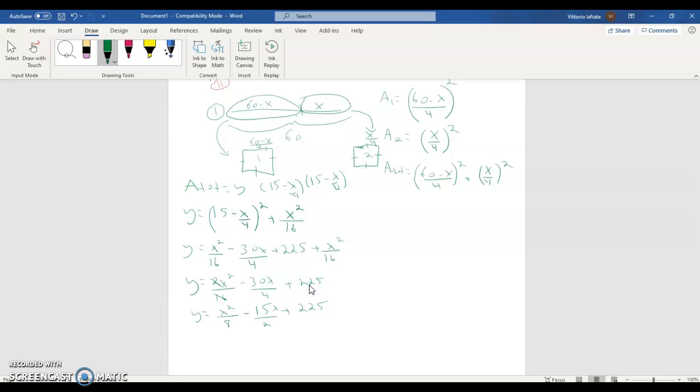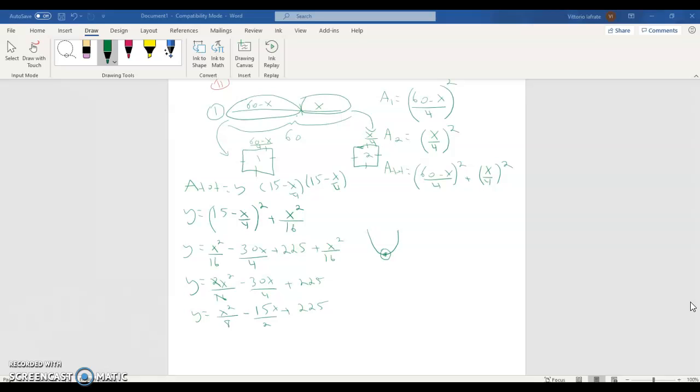And so what we need to do is figure out, well, what is our length of x going to be to get us a minimum area? This here, you'll notice, has a positive a. So that means that a parabola opens from the top and our vertex will be a minimum. So if we can find the vertex, then we've found the minimum. So let's continue to find the vertex. We can do that by completing the square.